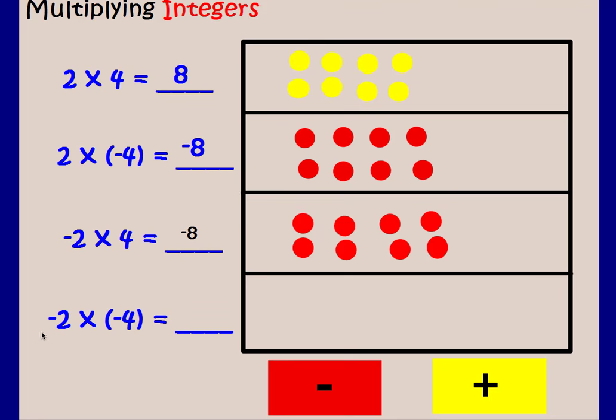Now we have 2 negatives. Negative 2 times negative 4. So again, I want the opposite of 2 groups of negative 4. So I'm going to make my 2 groups of negative 4. 1, 2, 3, 4. That's one group. And then I'll make another group.